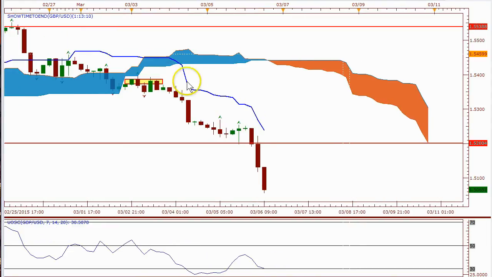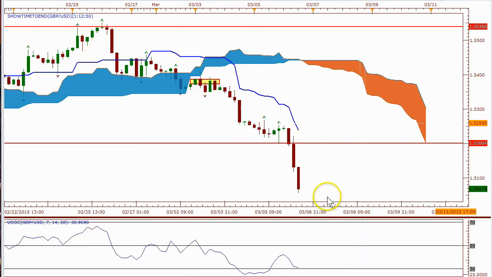So we did move higher, and we moved up to this level here and bounced off of the cloud right there. With that cloud bounce, we saw that we had resistance there, and it pulled us closer to the Kijun-sen where we want to be when we enter a trade. And then we had a bearish engulfing. With that bearish engulfing, we were able to get in the market and just follow this down.